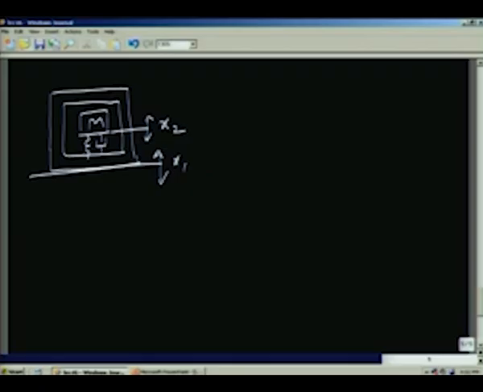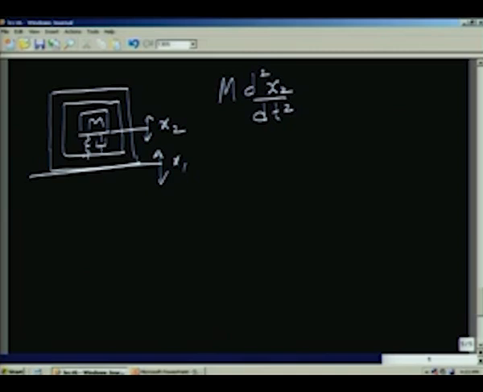So, for that we can immediately see that the force on the mass because of the acceleration is m d squared x2 by dt squared. So, that is the force experienced because of the movement of the mass. The mass is going to have a force m d squared x2 by dt squared.